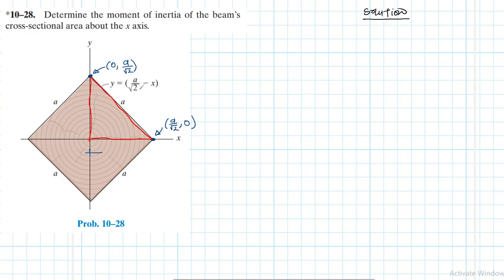So therefore, this whole length is a root of 2, and this length there is also a root of 2.